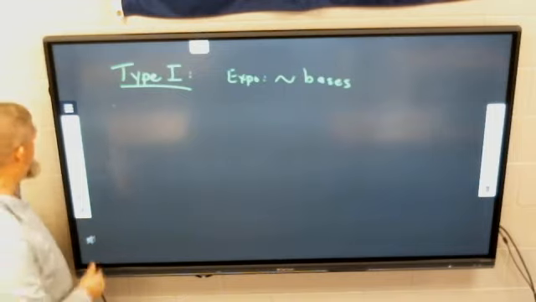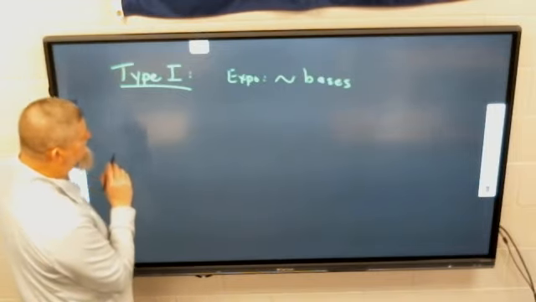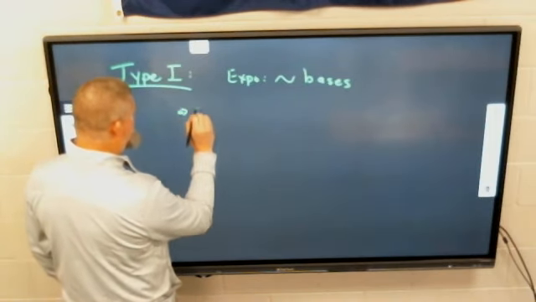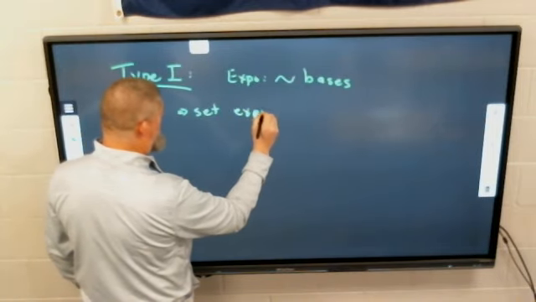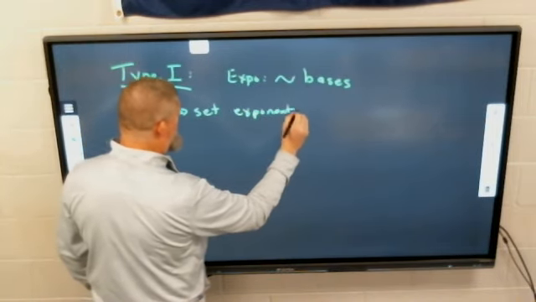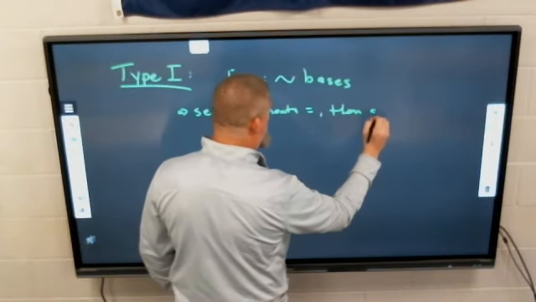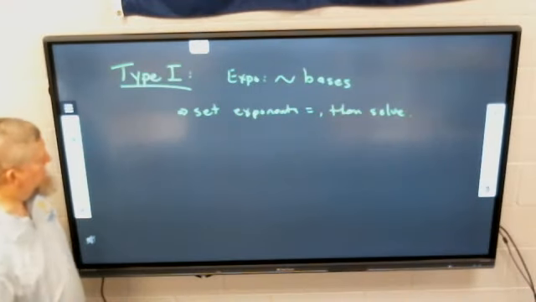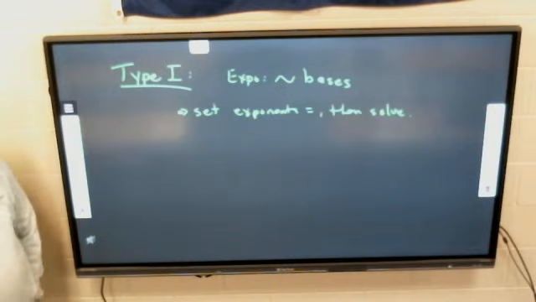Very simply, if you want a quick how we do this one, when it comes to similar bases, you simply set the exponents equal. Then solve. That really is the one step. Set the exponents equal, and then you solve that equation.